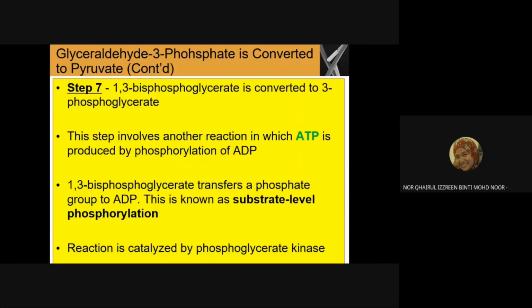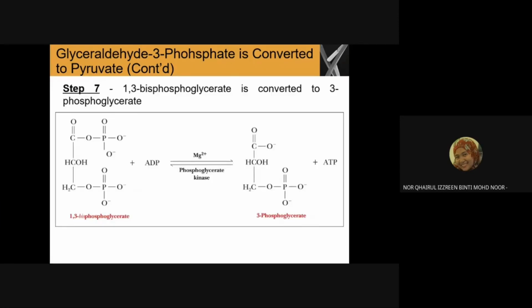Since it has a higher potential to release a phosphate group than ATP, whenever ADP is present, it wants to give the phosphate group to ADP. This is why it is so important in step number 6 to produce 1,3-bisphosphoglycerate.